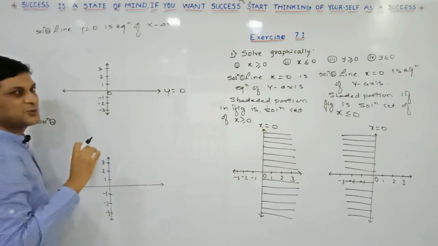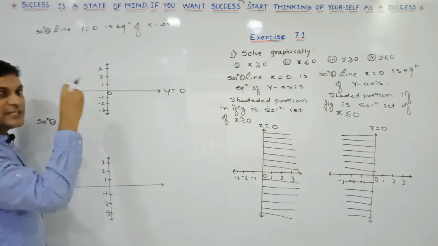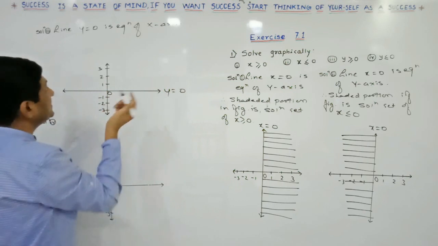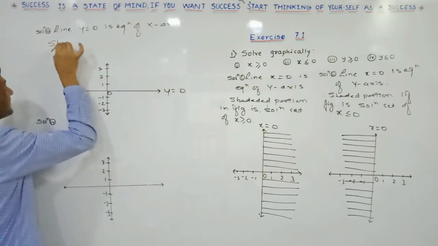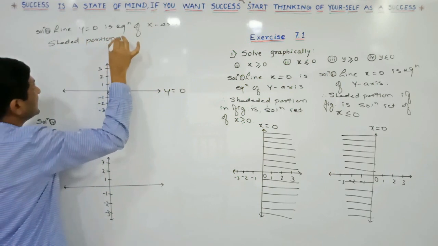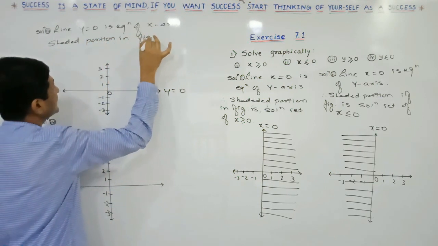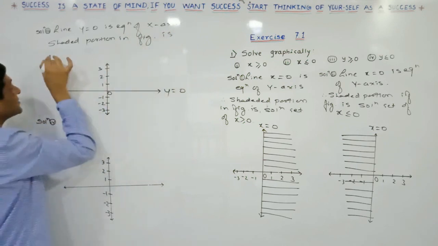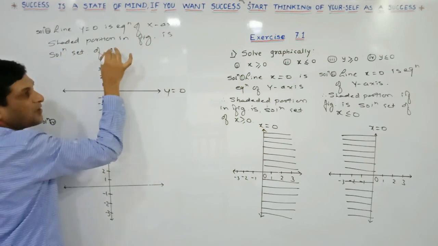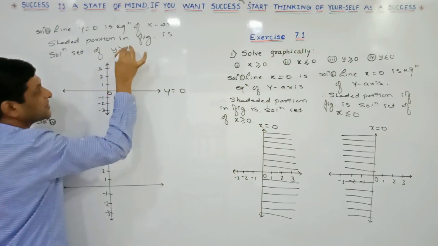Once the equation is known to us, we have to shade the portion which satisfies that inequality. So the shaded portion in the figure is the solution set of y is greater than or equals to 0.